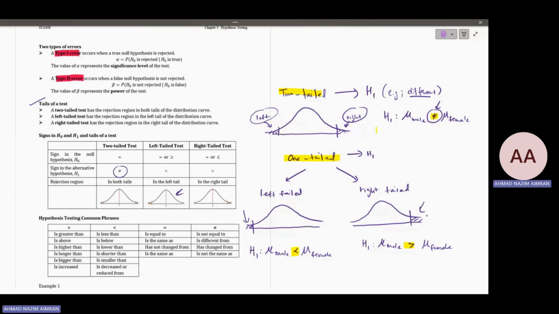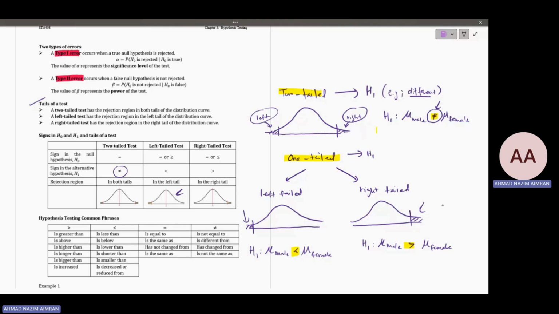I hope you can differentiate these three types of hypothesis. This is very crucial because it is the first step in hypothesis testing. If you fail to differentiate them, you will have problems with the next steps of the analysis.